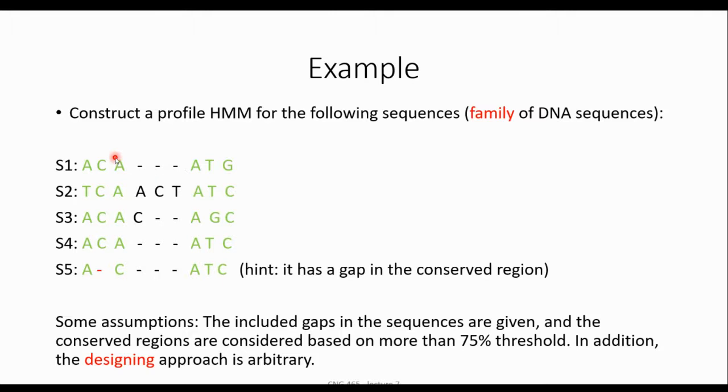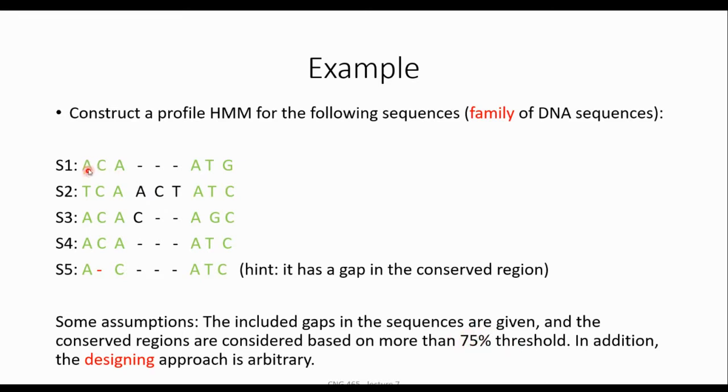Okay, so how do I understand that, for example, the first position is a conserved region or not? This is the first thing we should ask ourselves when we want to construct a profile HMM. So we should define a threshold. Assume that the threshold is 75%.